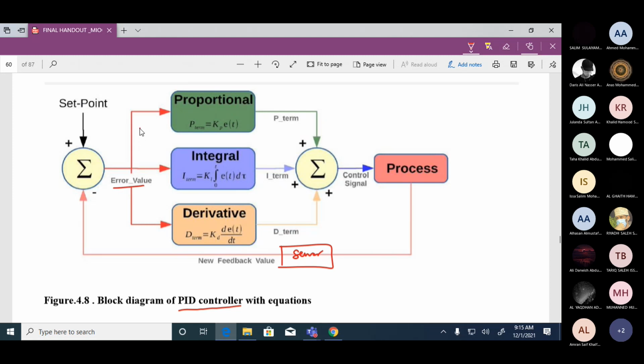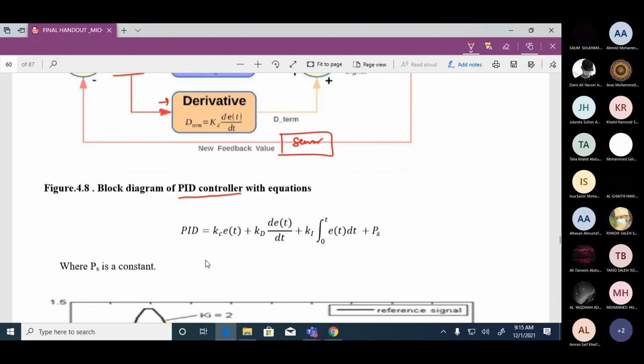The error value is given to all the three controllers simultaneously. The proportional will produce an output depending on this equation, which I have told you. The integral will also produce an output depending on this equation, and the derivative will also produce an output depending on this equation. So the final output that you measure is calculated by this old rule.